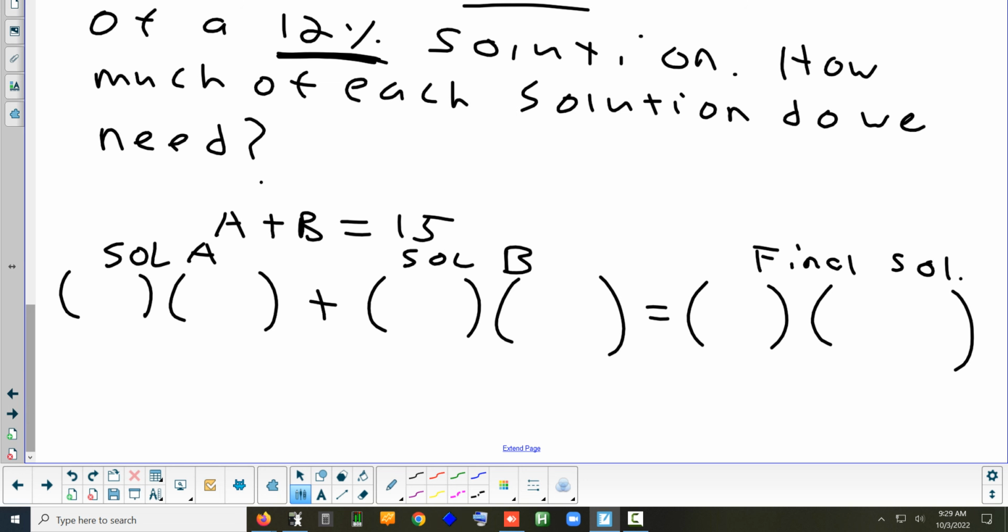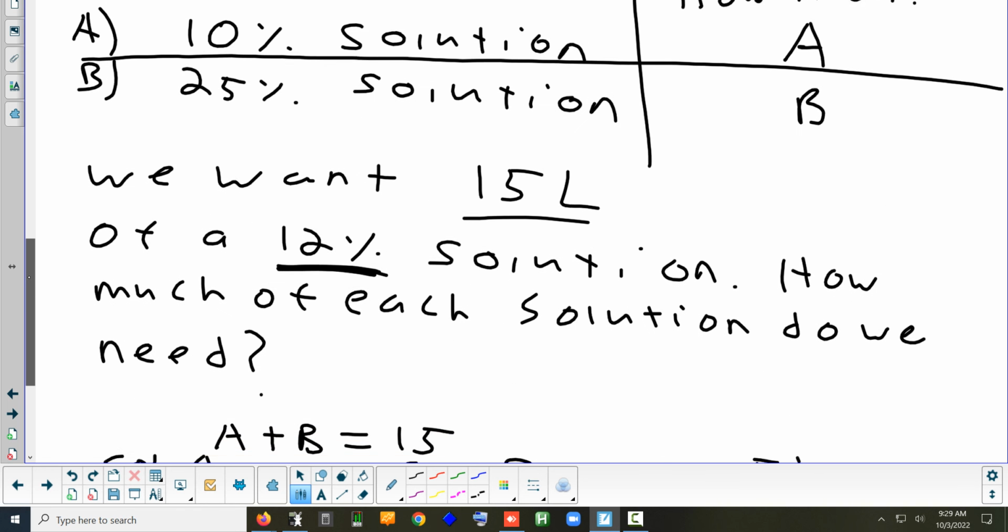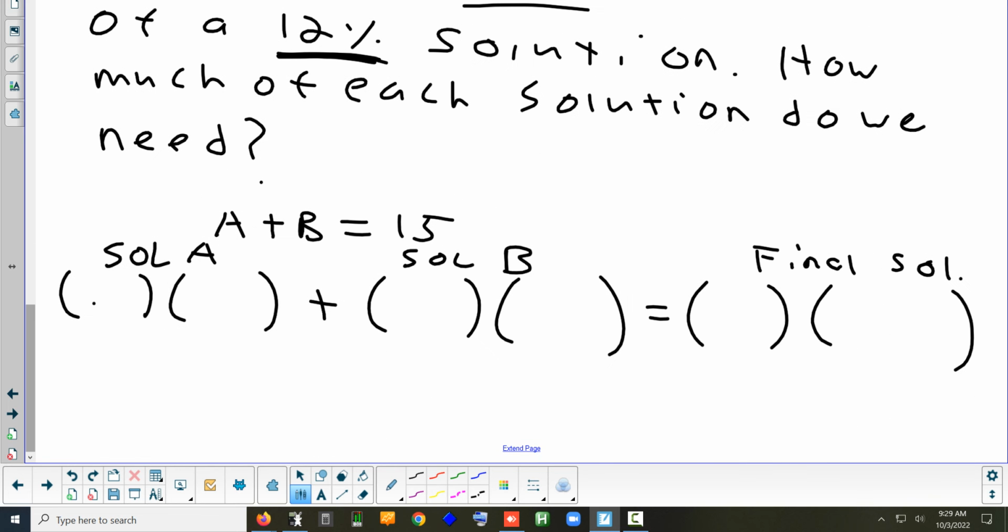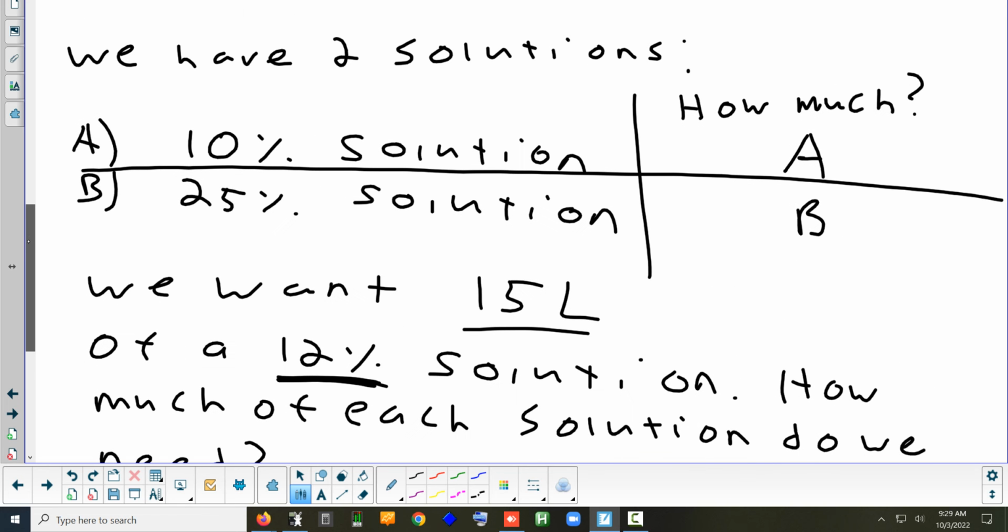Okay, what's the concentration of solution A as a decimal? Is it 0.1? Now, how much of solution A are we going to use? What did we pick for that?